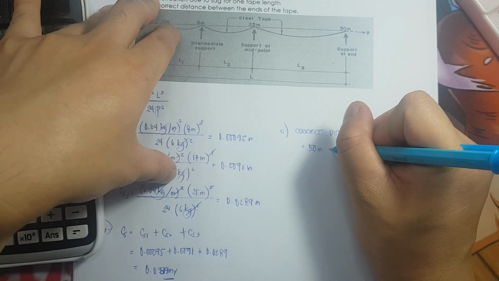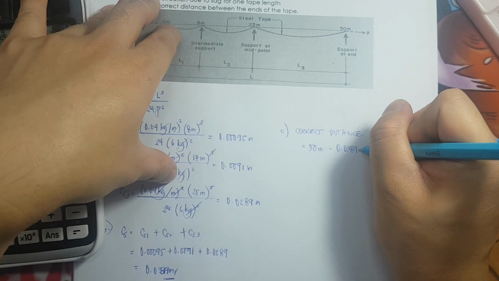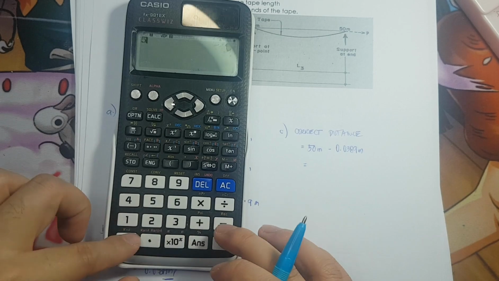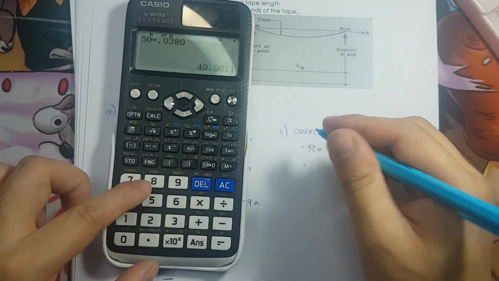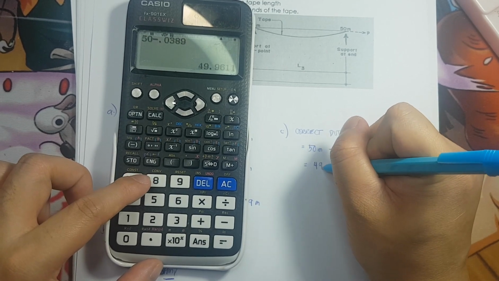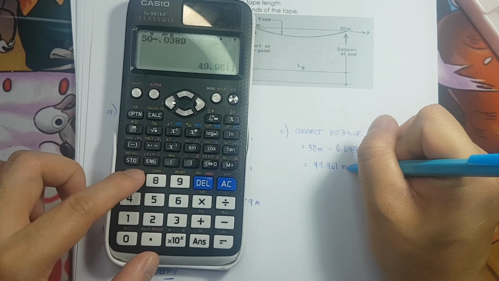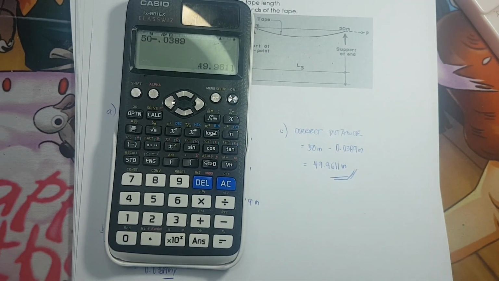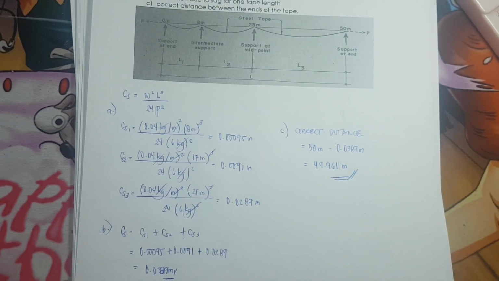So, minus 0.0389 meter. Therefore, the correct length is equivalent to 50 minus 0.0389. It is 49.961 meters. So this is the correct length or the correct distance from point 0 to point 50.